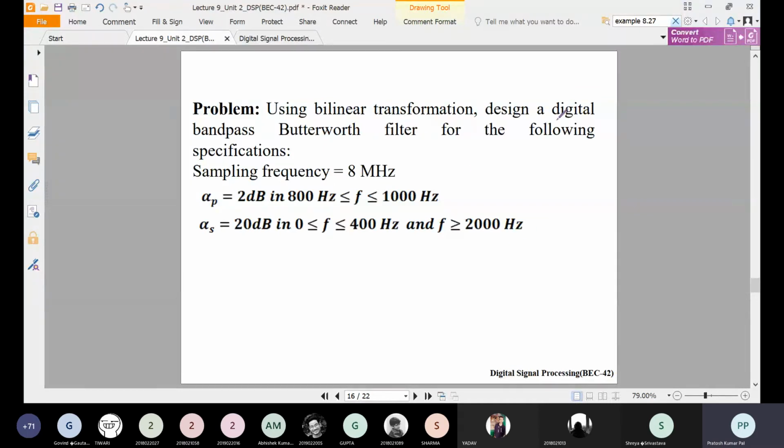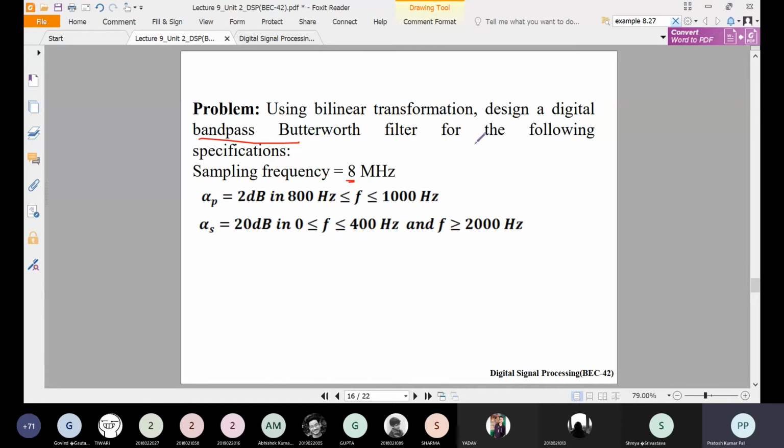Another one is where we need to find the band pass filter. We have seen an example of band pass filter. In that, the simplification is given, alpha p and alpha s are given, and the frequency range is given. The pass band frequency range is this one, so between these frequencies it is passing the signal.